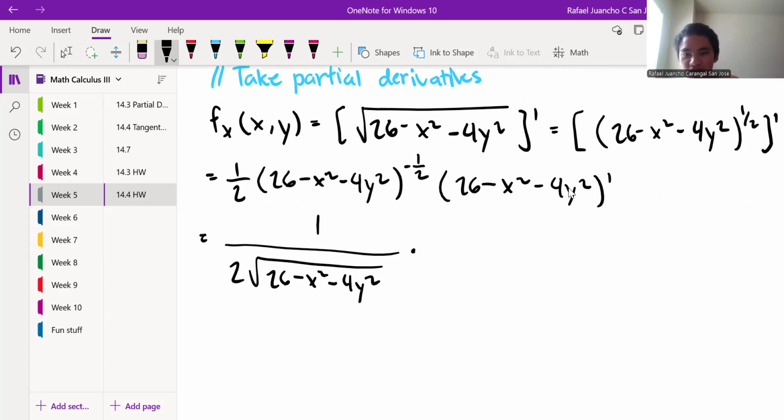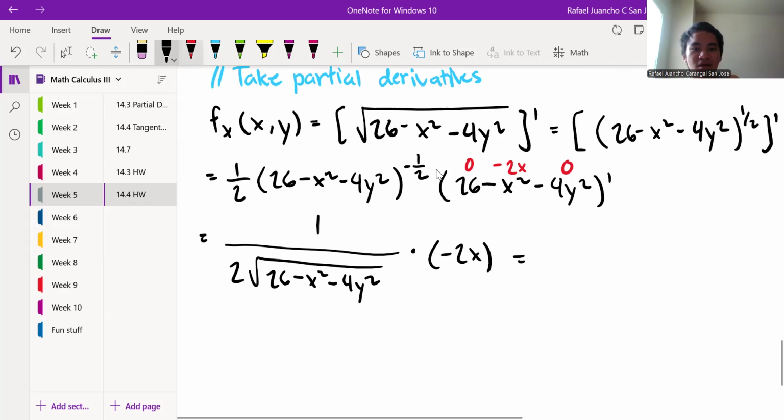Now this depends on which one's constant and which one isn't. So here in this case, we treat y as a constant. And so this becomes 0. This becomes negative 2x, right?